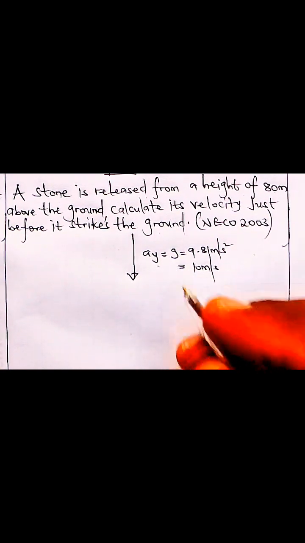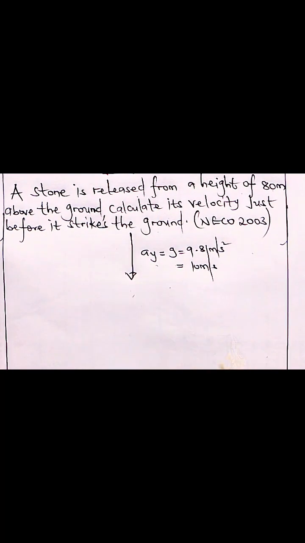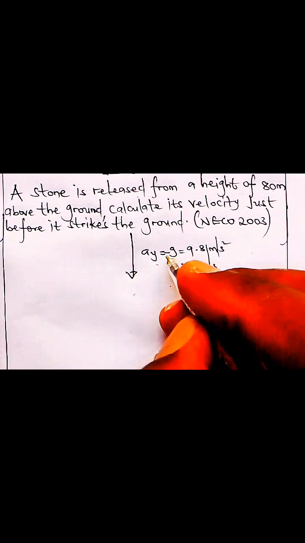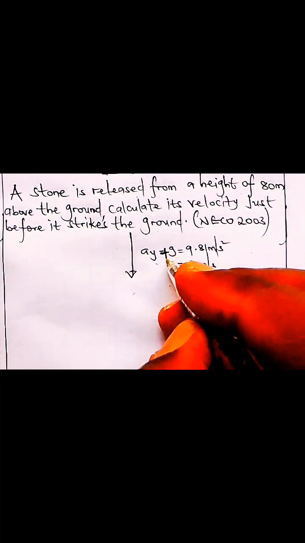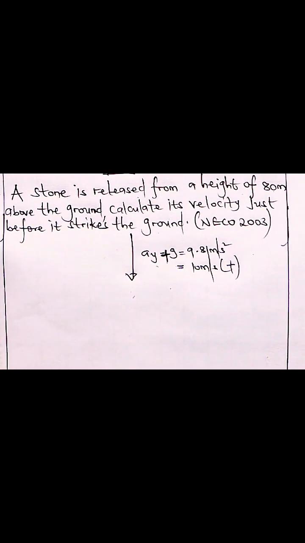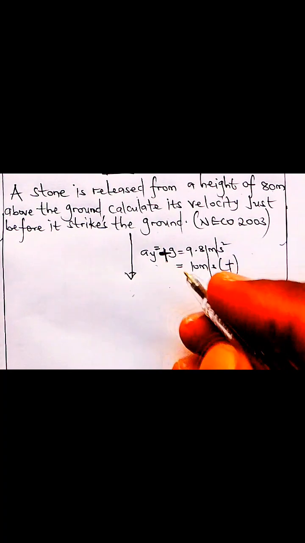So that's the first thing you have to note. If a body is falling down, acceleration along the y-axis is always positive. But if the body is rising against gravity, acceleration is negative.